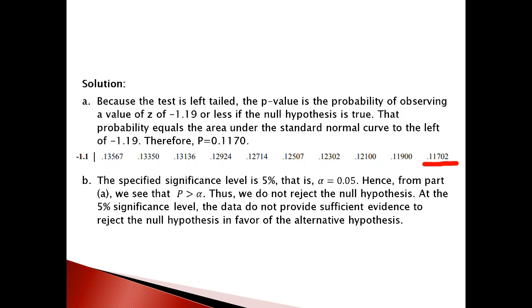Remember, to reject the null hypothesis, you must have p less than or equal to alpha. But this is just the opposite case, so we do not reject the null hypothesis, which means at the 5% significance level, the data does not provide sufficient evidence to reject the null hypothesis in favor of the alternative hypothesis.